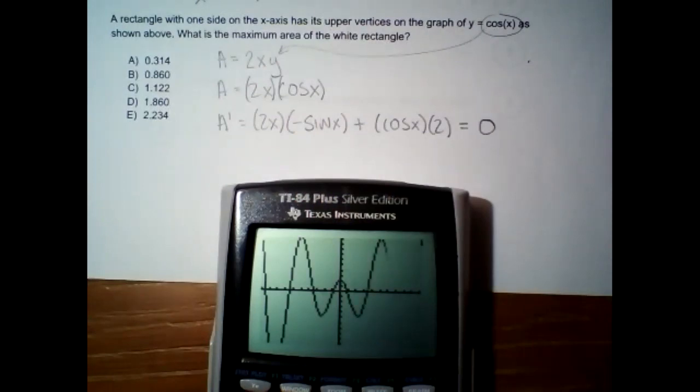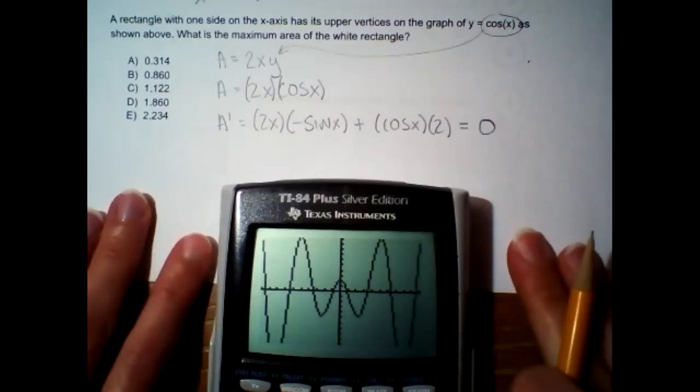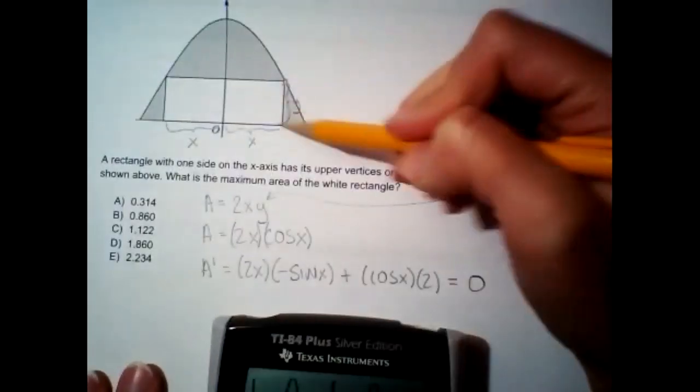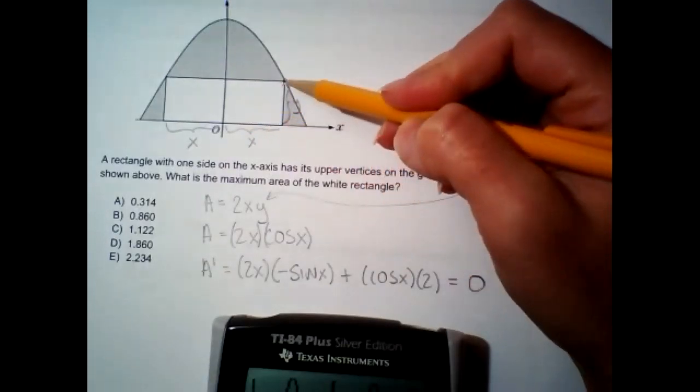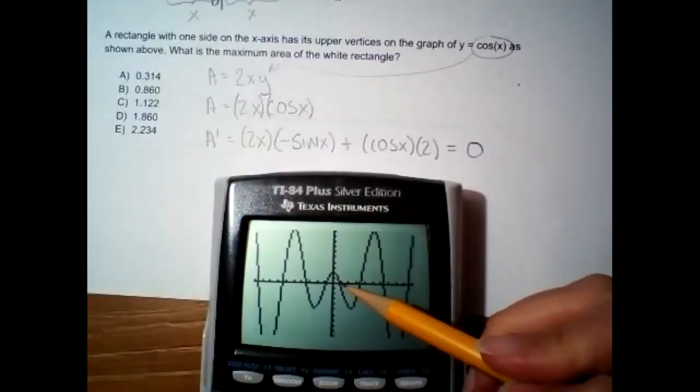Now this touches 0 at a lot of places, but we're going to want something that's like right next to 0. It's going to be like this first place after the origin. So this is the one that we want right here.